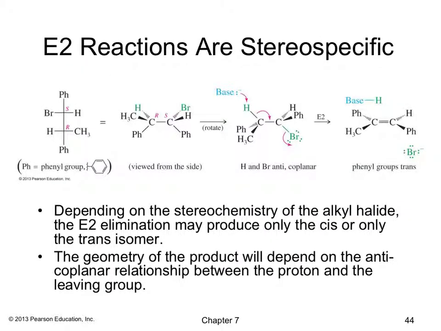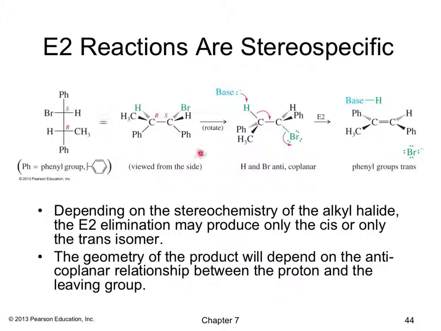Another important thing that you need to remember is that E2 reactions are stereospecific. Remember, they have to be anticoplanar in order for the reaction to occur. So, depending on the stereochemistry of the alkyl halide, the E2 elimination may produce only the cis or only the trans isomer. So here's an example of a Fischer projection of a molecule.